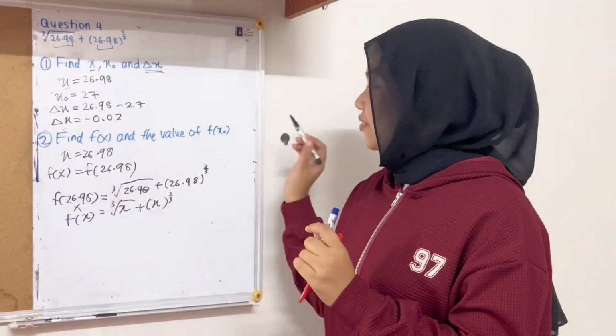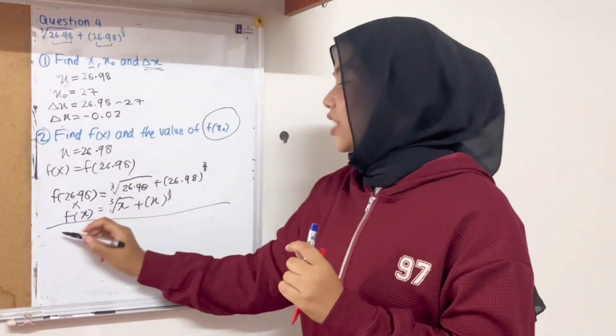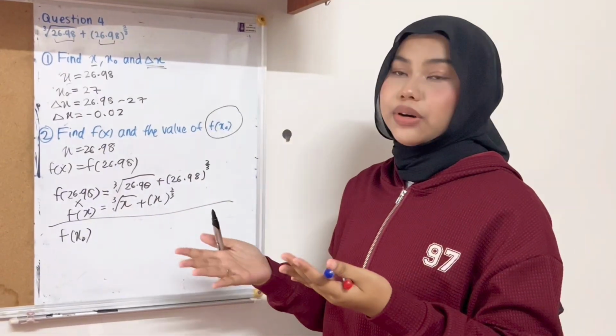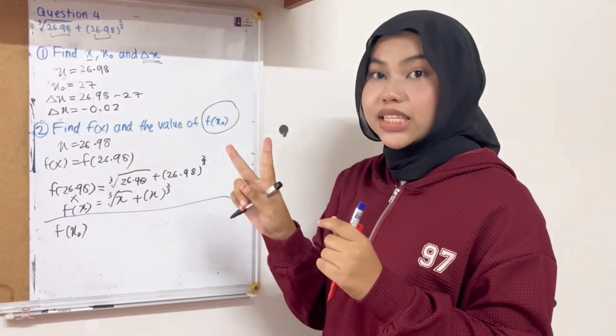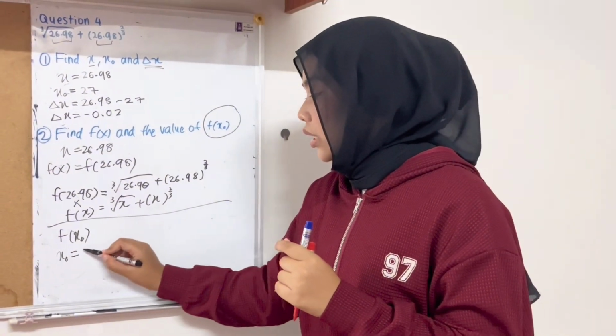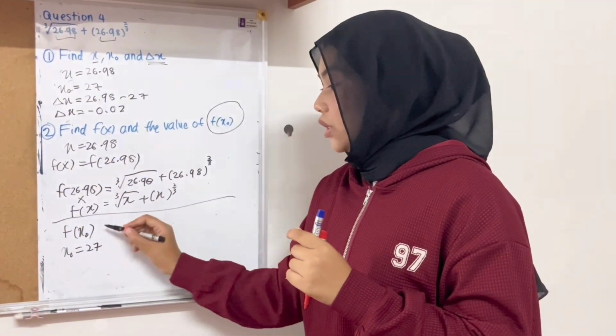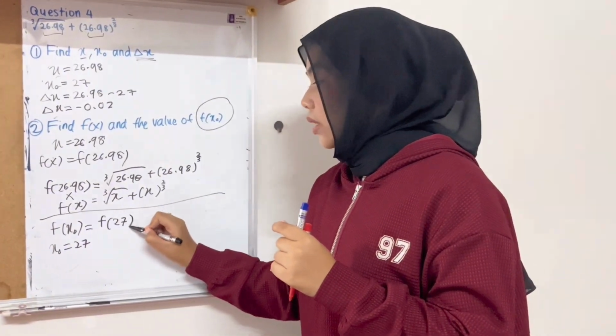Okay, now let's find our f(x naught). To find our f(x naught), we all know that our x naught, or the nearest whole number, is 27. So this we can change into f(27).